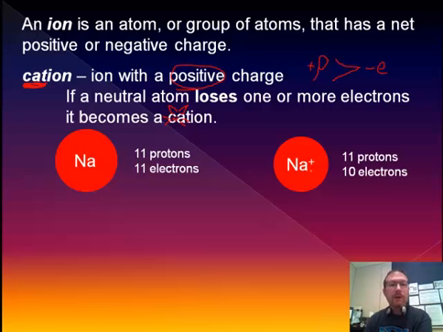It's lost one of those electrons. But you see now it's got one more proton than it does electrons, and so it has a total charge, 11 minus 10, of plus 1. And you can see here it's marked with a little positive charge.